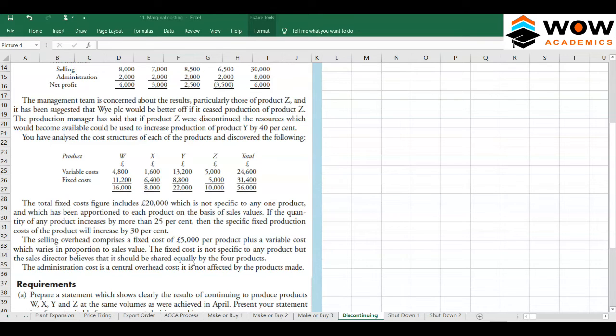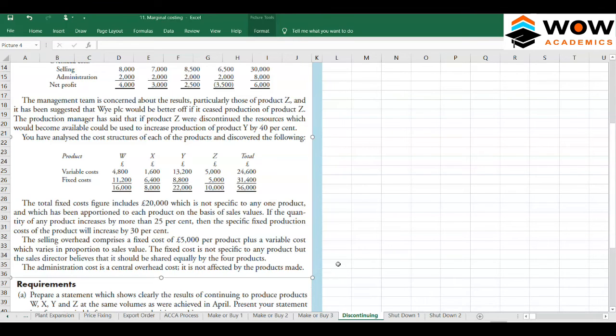The fixed cost is not specific to any product, but the sales director believes that it should be shared equally by the 4 products. So the fixed cost is not attributable to any product, but it is overheads. The administration cost is a central overhead cost. It is not affected by the products made.